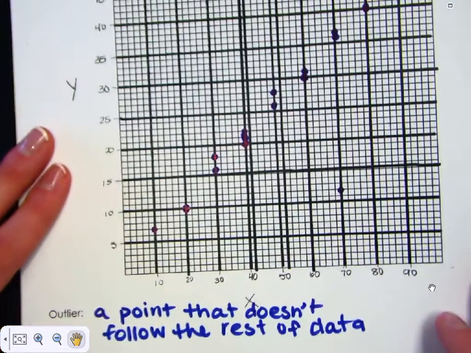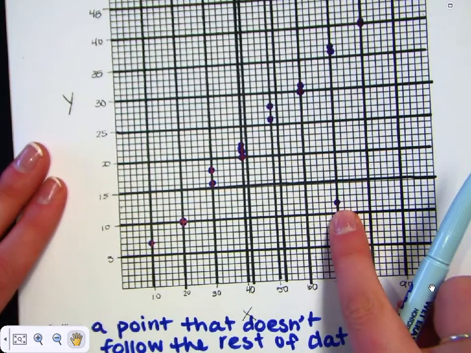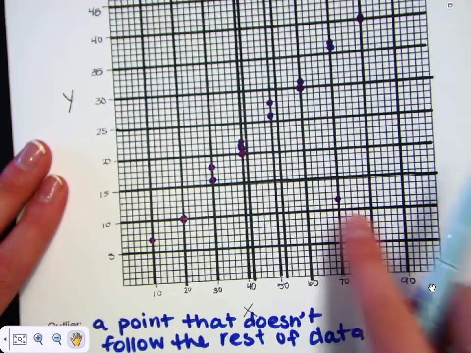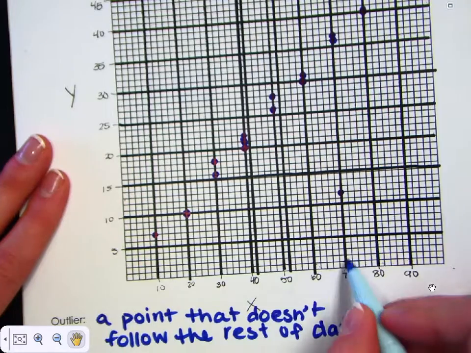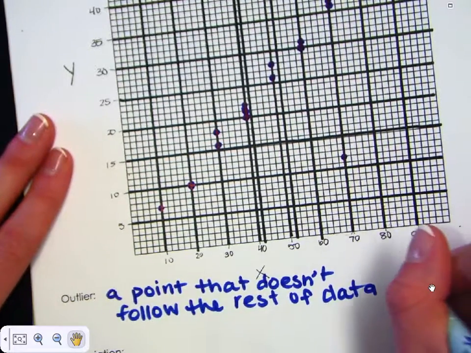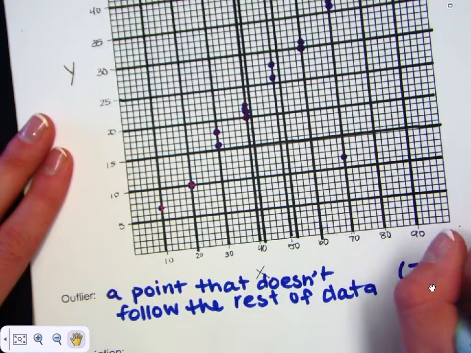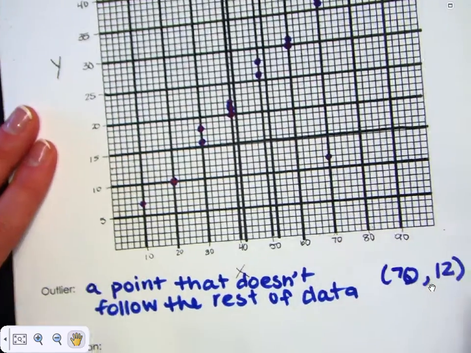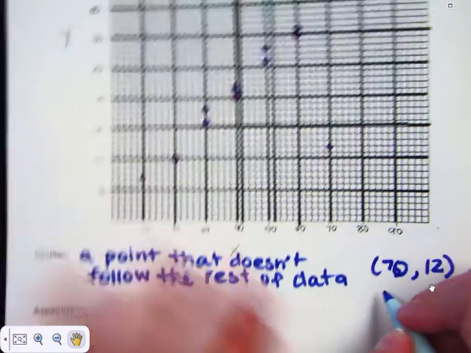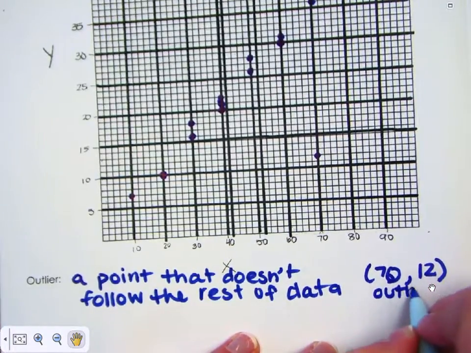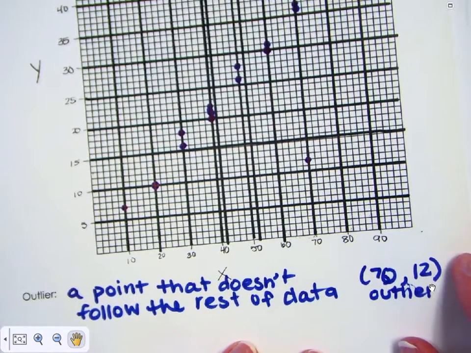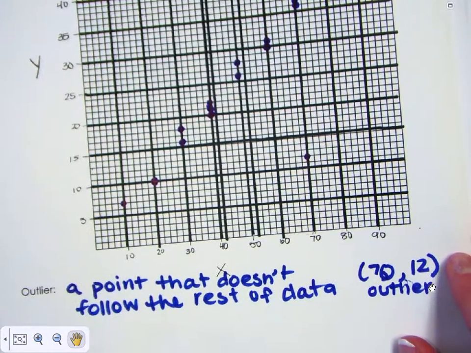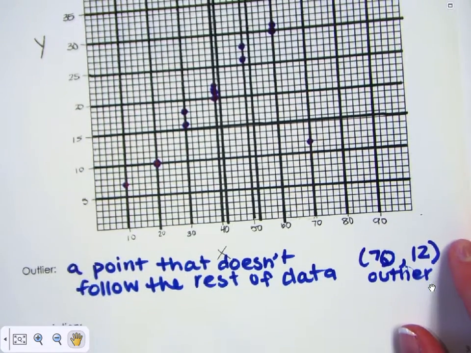So in our picture here, you can see this point is an example of an outlier. In this data set, 70, 12 is an outlier. It's outside the crowd here. So that's all an outlier is.